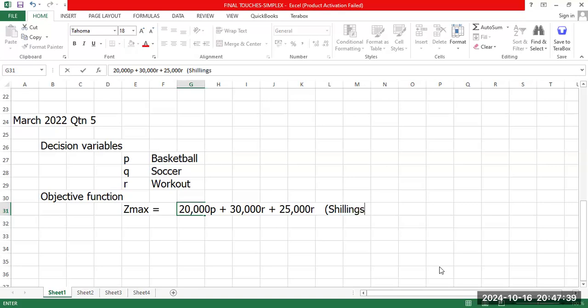And all these figures are in shillings. Or another student can say my Z max, soccer is Q. Sorry about that.